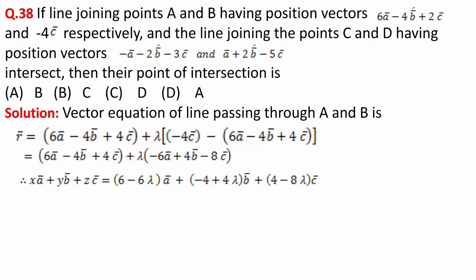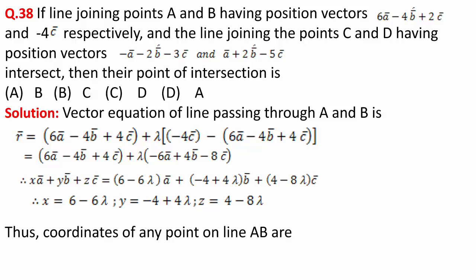Therefore, xa plus yb plus zc equal to (6 minus 6 lambda) a plus (minus 4 plus 4 lambda) b plus (4 minus 8 lambda) c. Thus, we get x equal to 6 minus 6 lambda, y equal to minus 4 plus 4 lambda, and z equal to 4 minus 8 lambda. Thus, the coordinates of any point on the line AB are 6 minus 6 lambda, minus 4 plus 4 lambda, 4 minus 8 lambda.